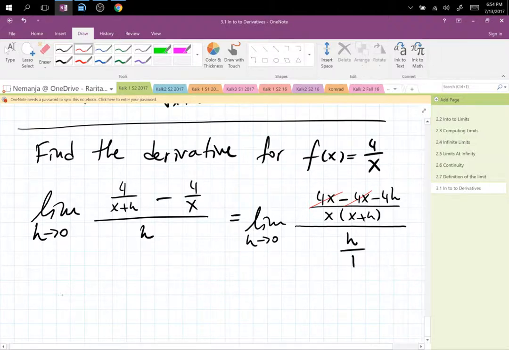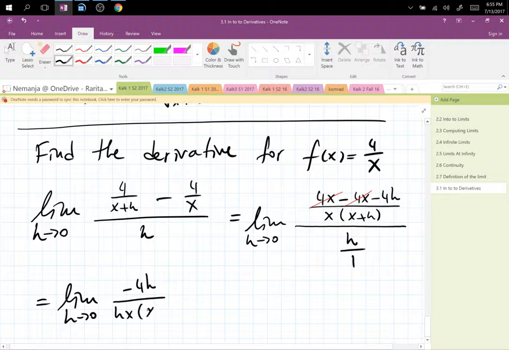Now you have the double fraction. We discussed that at some point earlier. You have a double fraction, which means the ones that are far apart multiply in the numerator, which is negative 4h, and the ones that are close by multiply together, so h times x plus h.